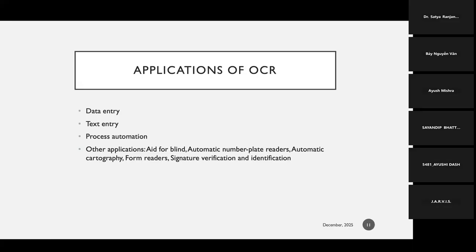I don't know about your country, but in our country we are now focused on digital transformation. We try to store documents in digital form, like the bunches of papers stored in the past, in a database for searching. So that's about text entry.